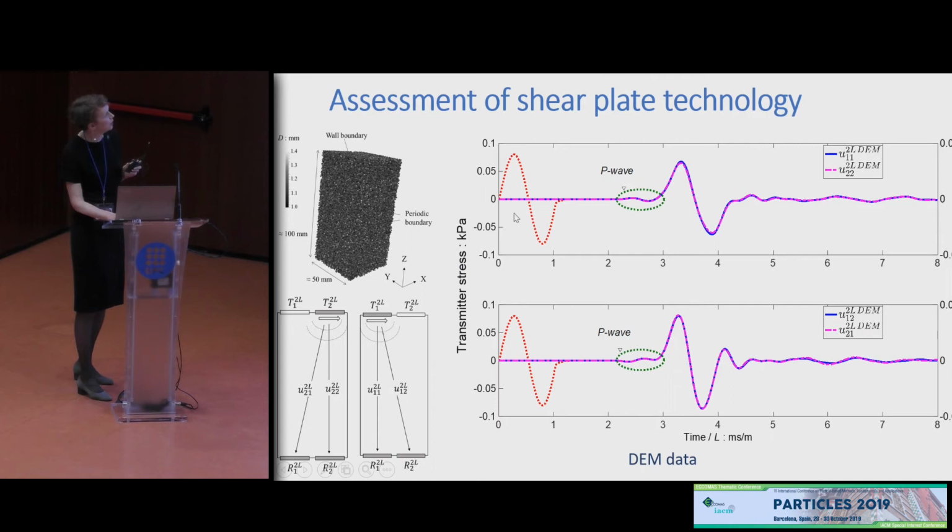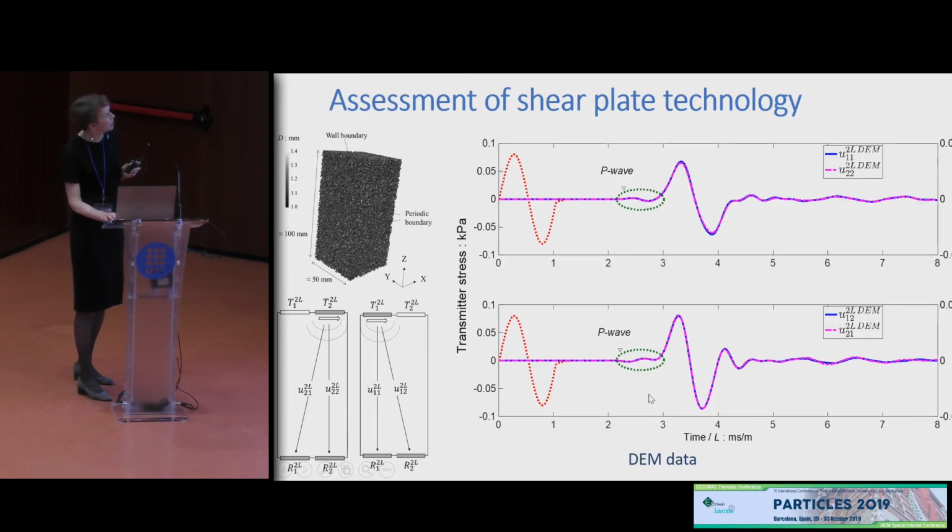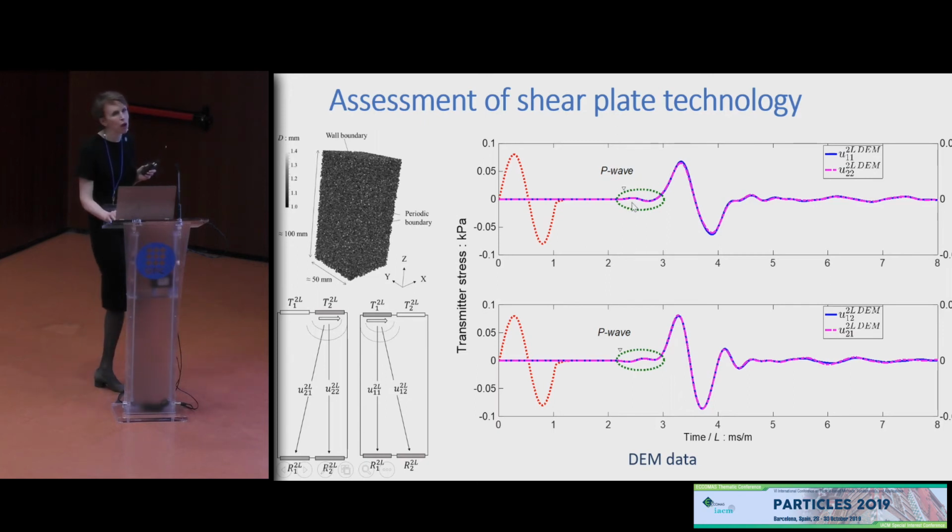And here we see the results of our stress measured at our receiver in our DEM data. And what we can see is that when we look at just a stress coming from just a portion of our boundary, we can clearly see that the signal we receive and monitor is corrupted by a wave. We see this near field effect that's well known in experimental soil mechanics.